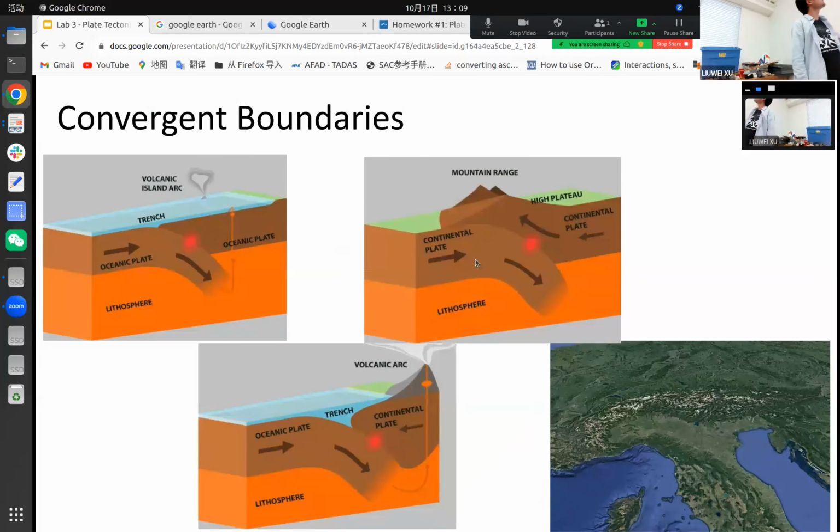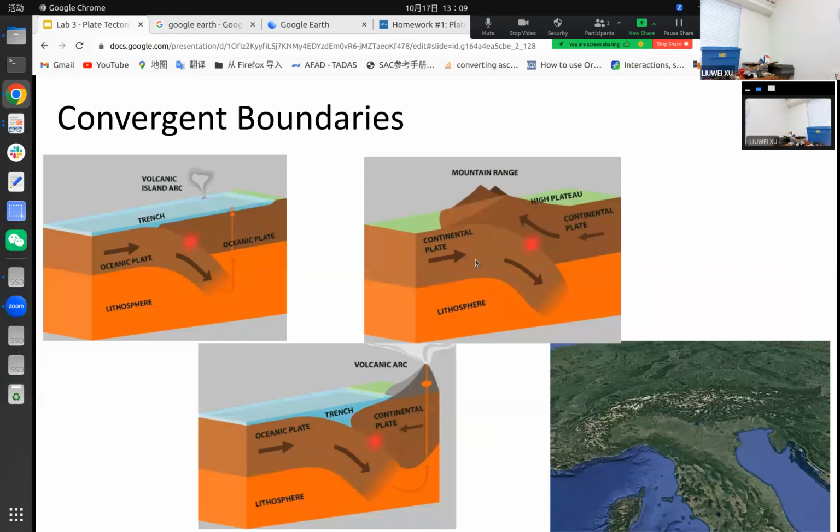The second one is convergent boundary. We know the convergent boundary is where two plates meet each other. Depending on the types of the two plates, we have three subgroups. The first one is oceanic plates meeting oceanic plates. The second one is continental plates meeting continental plates.